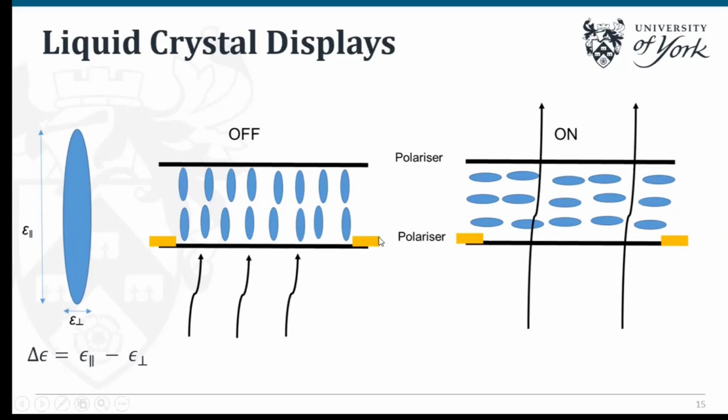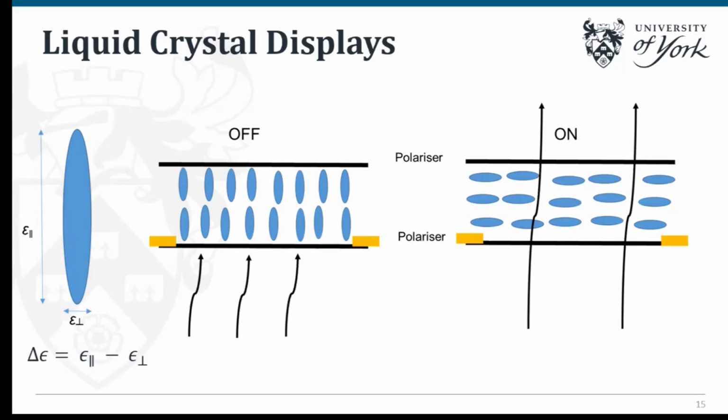And then you have electrodes which can apply a voltage across the phase. In the off state, the refractive indices of the liquid crystals are aligned with the viewing angle. So there is no diffraction of the plane polarized light. So no birefringence occurs and the screen appears black.